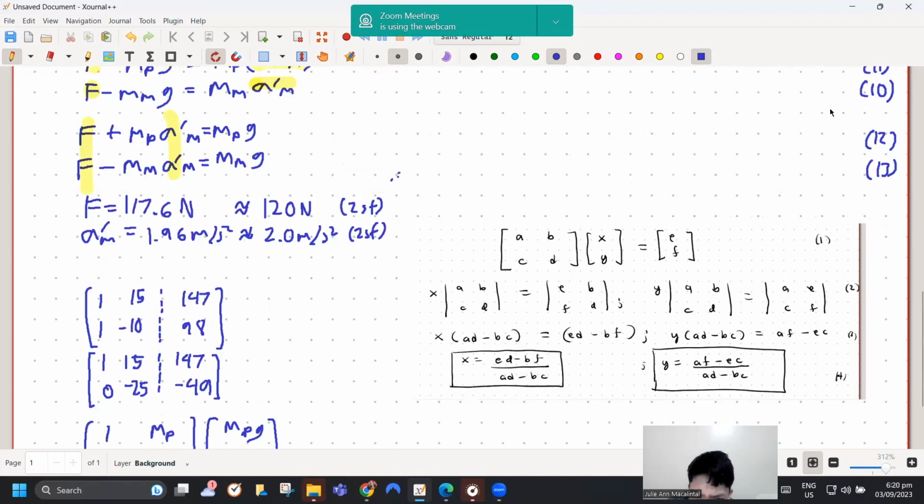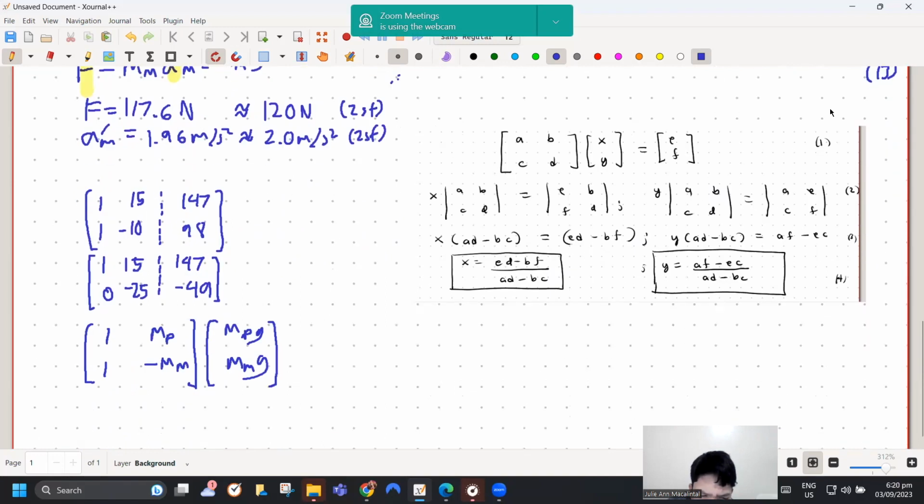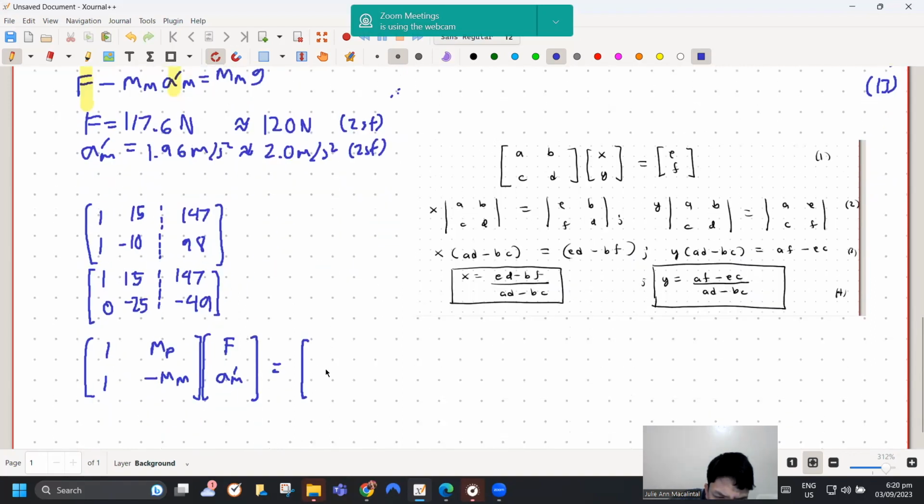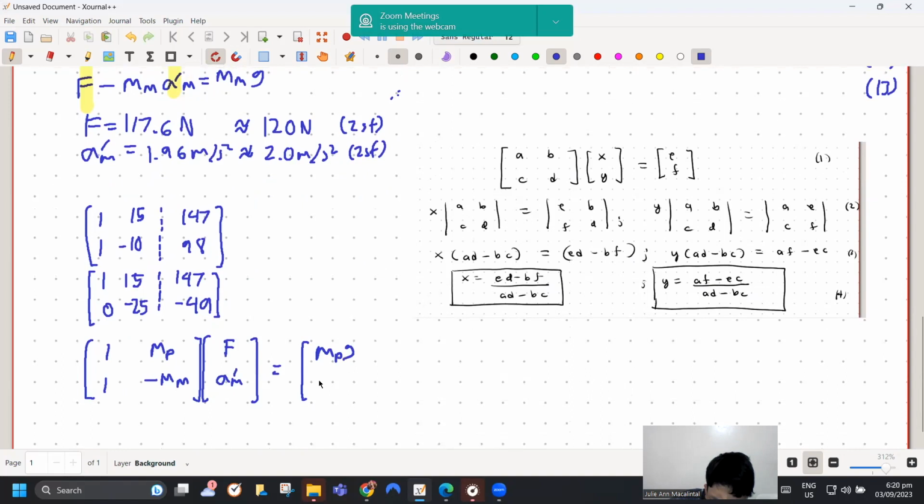So hindi dapat MPG M sub MG yan kasi yung unknowns natin ay F at saka A sub M. Should be F tapos A sub M prime equals, tapos yung right hand side, and then yung isama mo yung matrix na yan kasi di ba dapat.